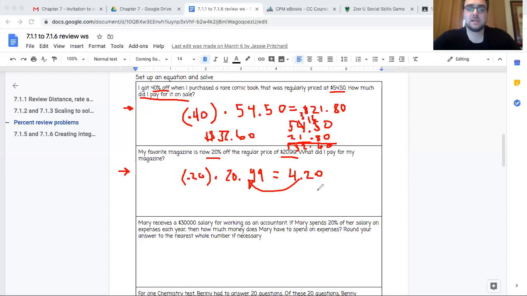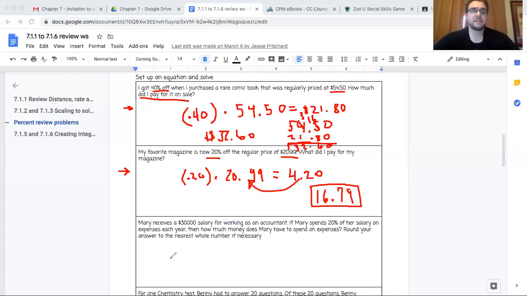We end up with $16.79. So originally, the cost of the product was $20.99. We're taking 20% off. So now we only have to pay $16.79. Not a bad deal.